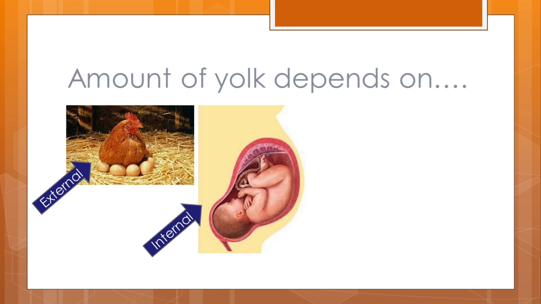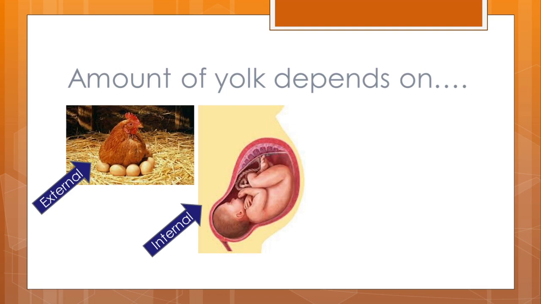Whereas in the case of internal development, the egg cytoplasm need not contain any yolk. Why? Because the nutrients for the development of the embryo can be obtained from the blood circulation of the mother, because the development of the embryo is taking place inside the womb of the mother. That is the advantage of internal development.